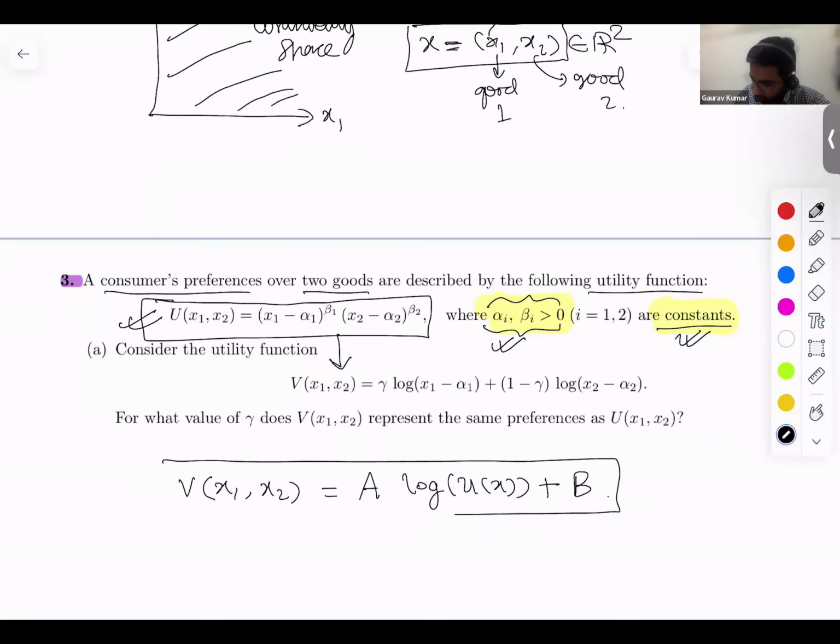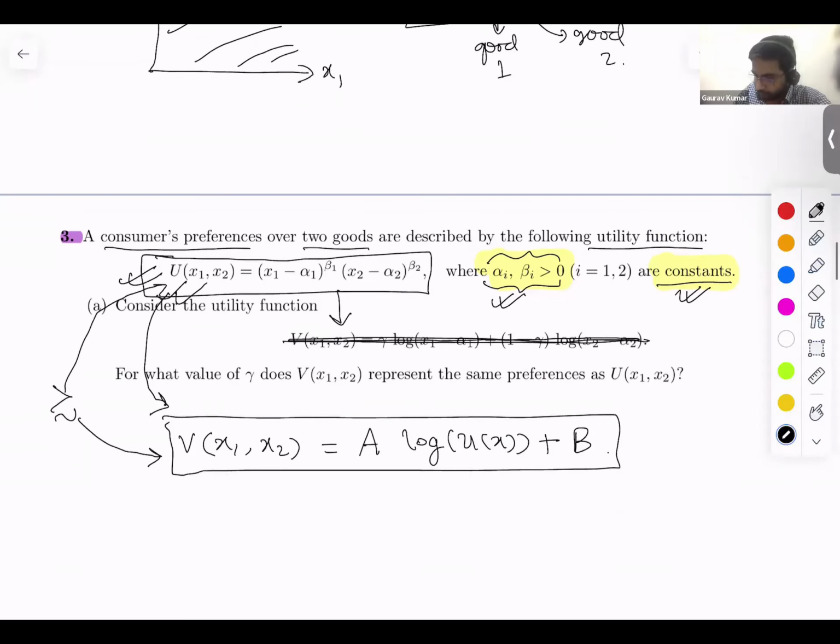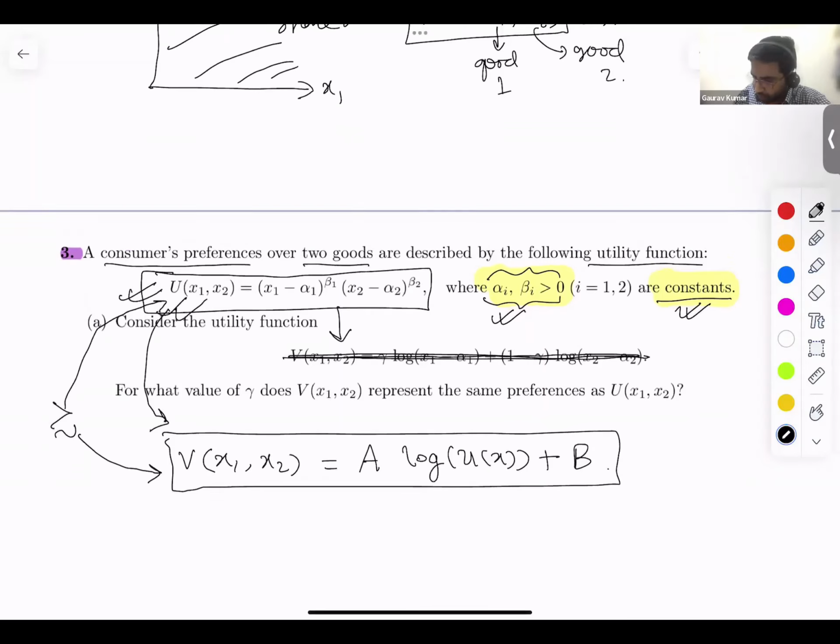For now, forget whatever has been given; don't look at it. We know that under a monotonic transformation, the preferences which u represents, the same preferences will also be represented. So u of x is some utility function given to you, and I'm just taking a monotonic transformation of that function.